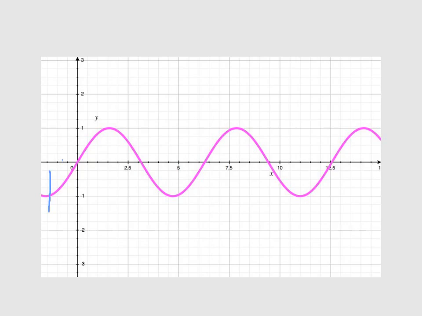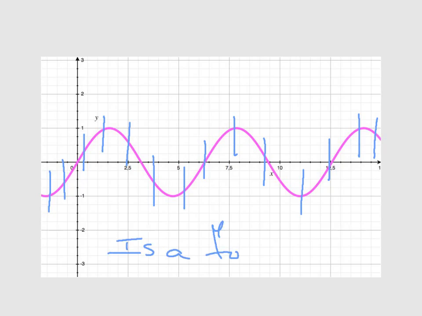Going from left to right, I can see that no matter where I draw a vertical line, it only cuts the curve once. Each and every single time, the vertical line only cuts the curve once. That means that this is a function. And this curve can be represented by a function y is equal to f of x.